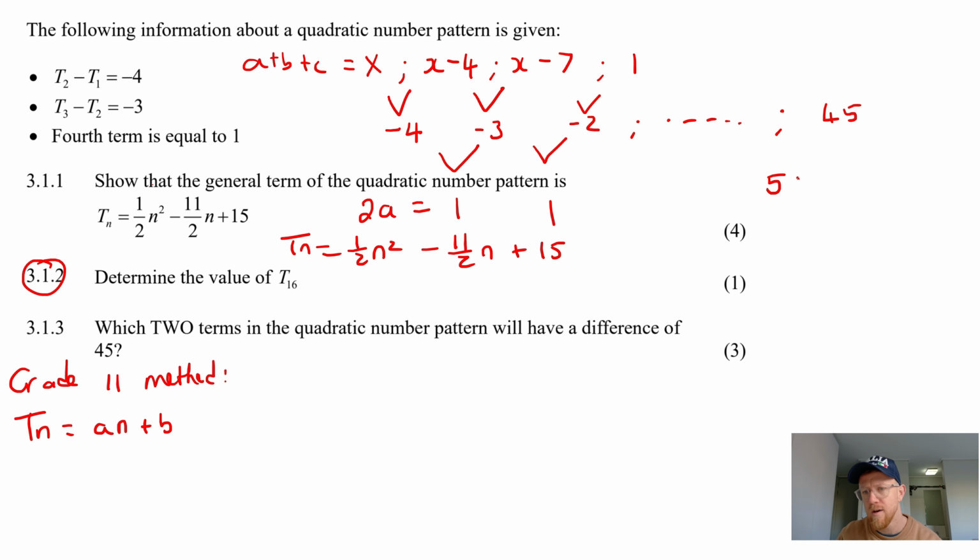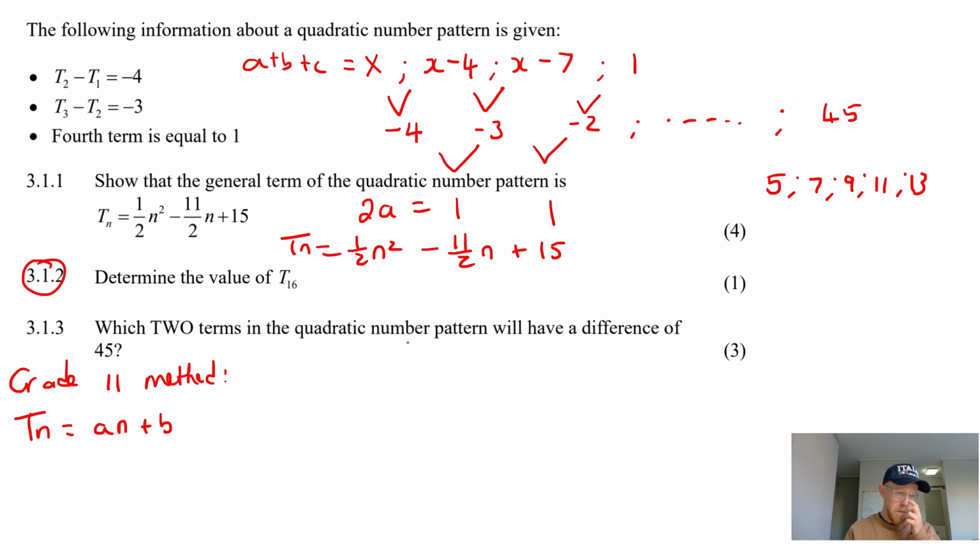For example, 5, 7, 9, 11, 13. That is called a linear pattern. Grade 12s, that's what you'd call an arithmetic pattern. It's the same thing. It's when you add or subtract the same number every time. So here you can see that you are adding 1 every single time to go from one term to the next term.